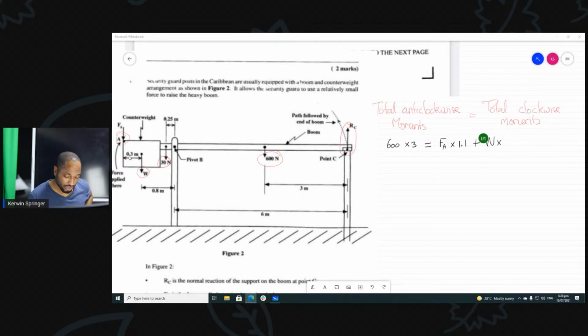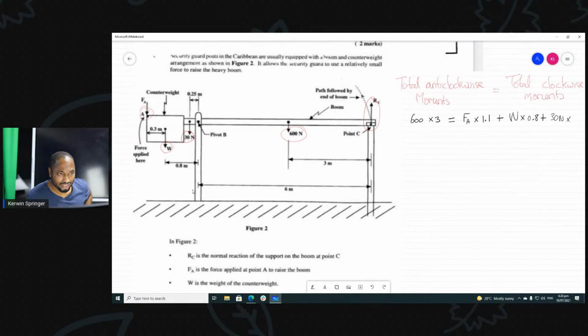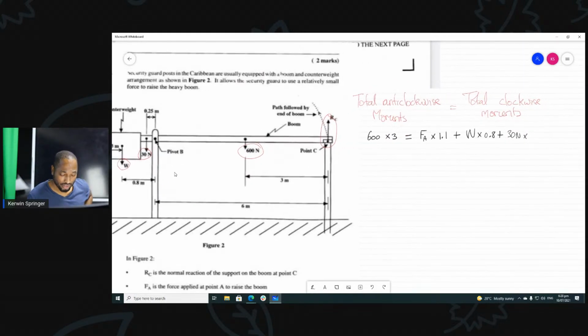W times 0.8, and there was a 30 newtons there earlier. That part was really unnecessary. You could just leave out that 30 newtons and it's W times 0.25. Anybody have any quarrels there? Plus RC times the whole thing, 6. So we're good to go. And that's what I wanted.